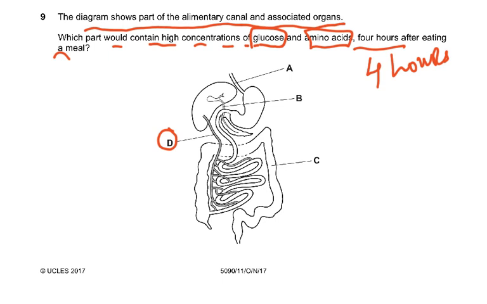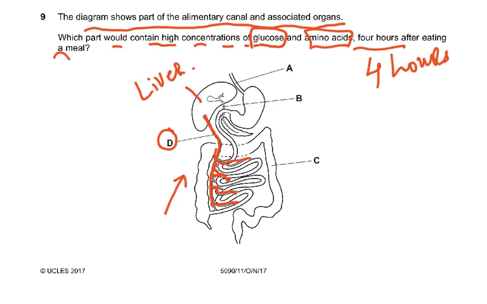So the only option left was D, which is going to be the hepatic portal vein, which is carrying the blood supply from the intestines to the liver. So basically, this was the one. This was the hepatic portal vein, which was coming from the intestines, and all this was carrying the blood to the liver. This is the liver, and this was the hepatic portal vein.